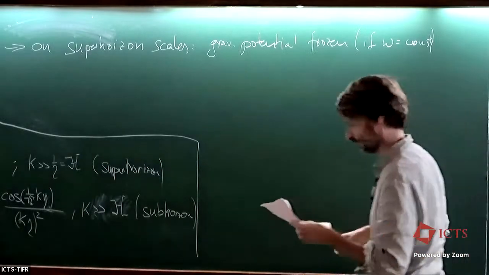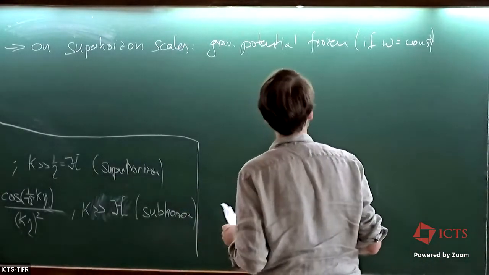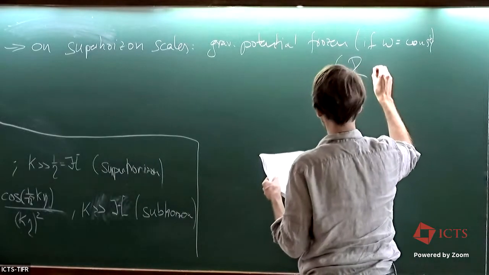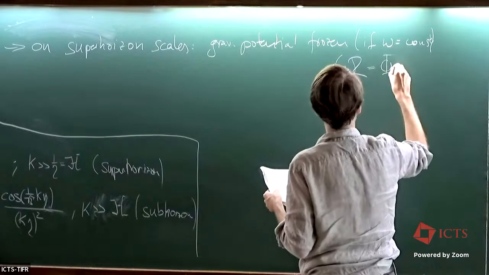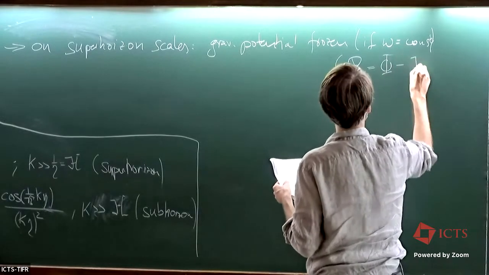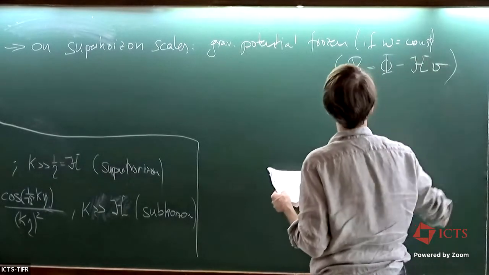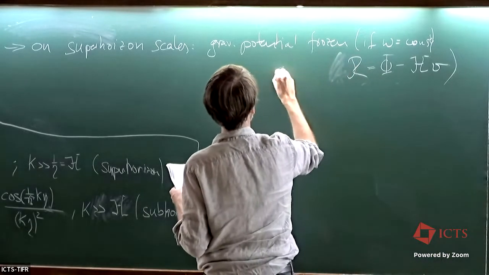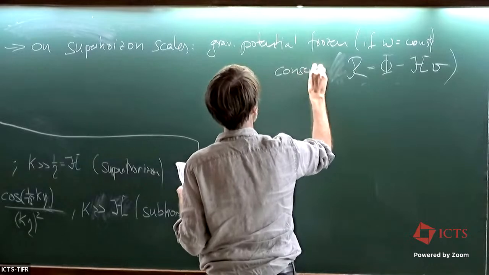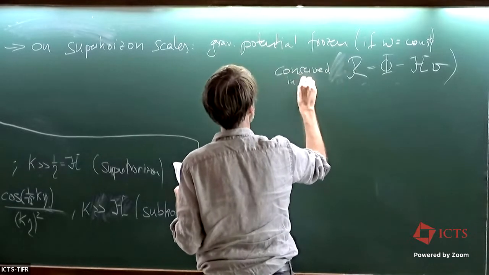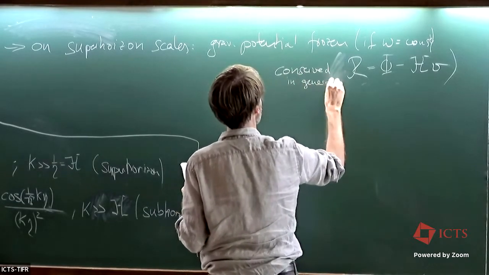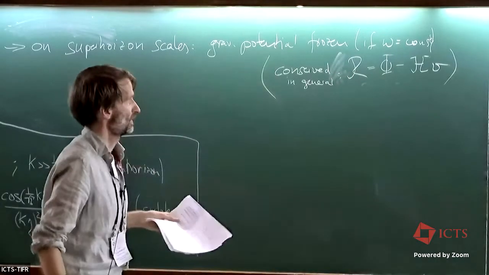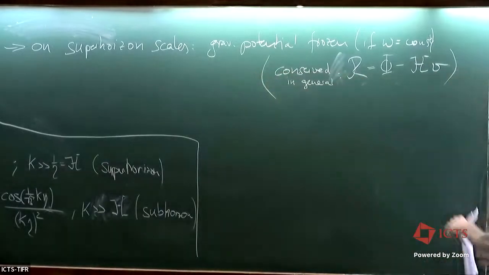The conserved quantity is the co-moving curvature perturbation. It's defined as this, which is conserved in general, would be this quantity, where this is the bulk velocity.